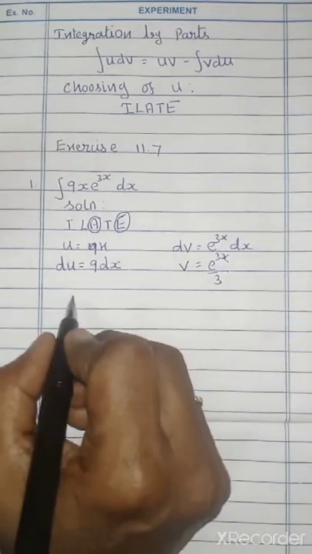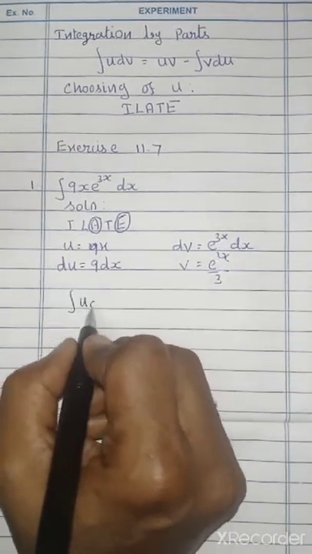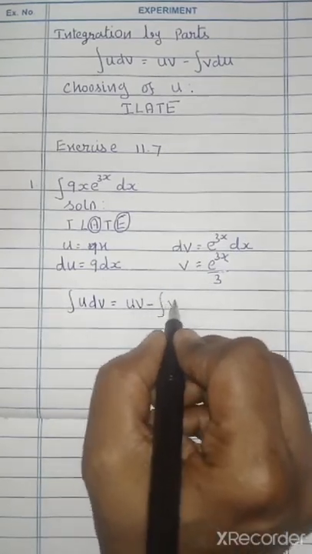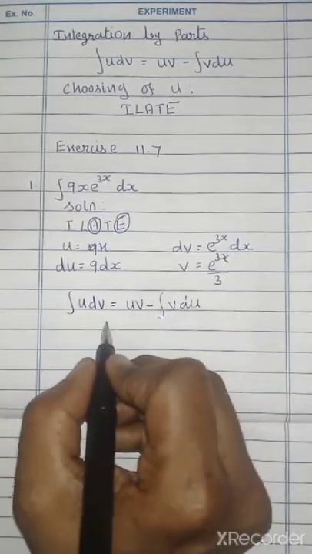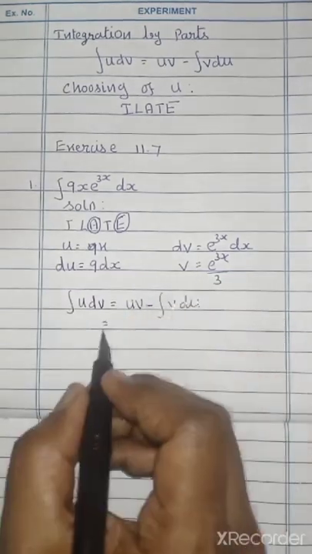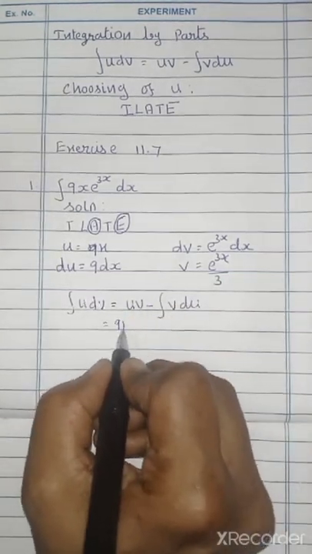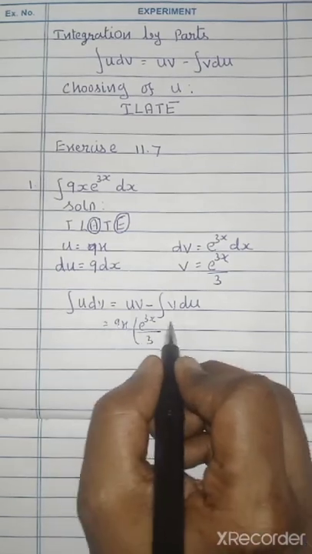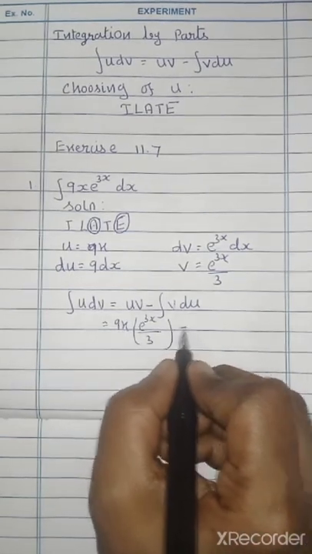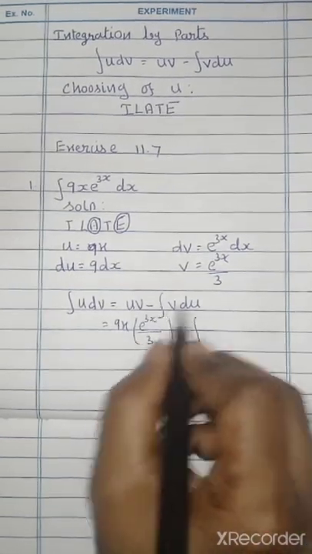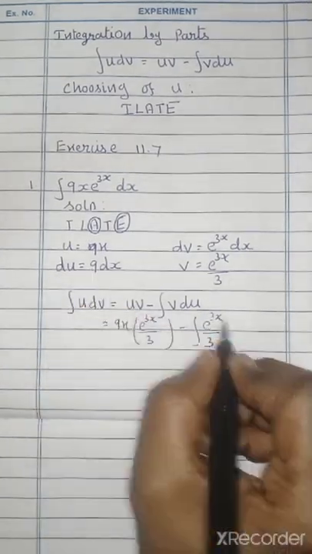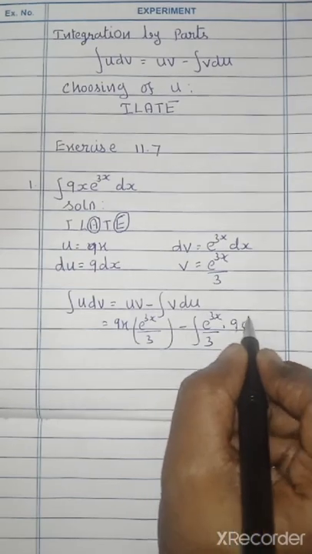Now you can use your formula: integral u dv equals uv minus integral v du. That is the u value here, v value here. So 9x into e power 3x by 3 minus integral, what is v? e power 3x by 3 into 9 dx.